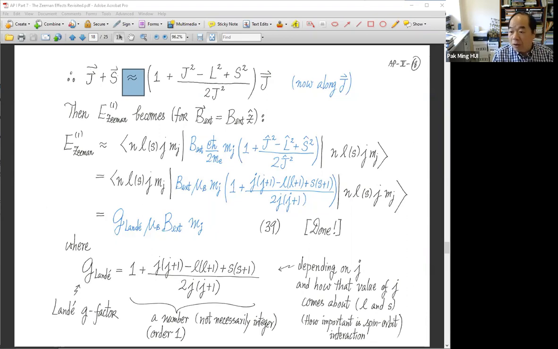Okay, so now first of all, we have in our toolbox this degenerate perturbation theory. We can use it. So my first answer is that try to use it. Xiaofan, try it.